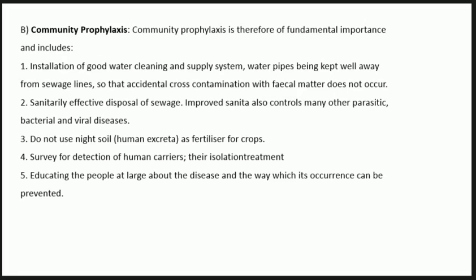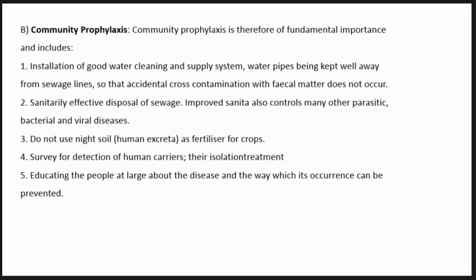So installation of good water and cleaning supply. Another thing, the water supply should not be mixed with the sewage pipes, because they may get mixed up if there is a leakage. Cross contamination may happen. Then effective disposal of sewage is also important. Sewage should not be directly transferred into the water bodies.